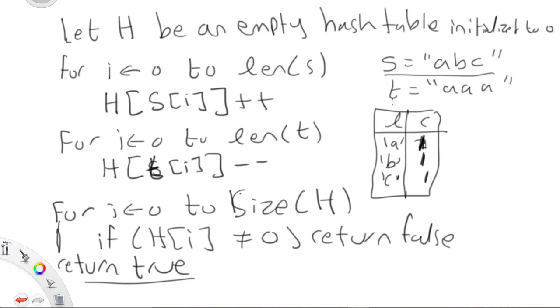But then after I take away 3 for T, A is going to be minus 2. So this is minus 2, this is 1, this is 1. All of them are not 0. If we find any one which is not 0, then we simply return false. These words are not anagrams. But if all the letter counts are 0, then we simply return true.